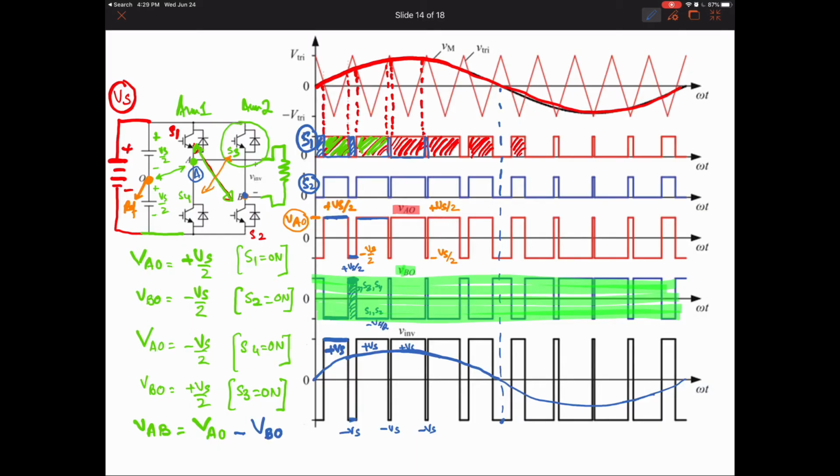It is not present in the full bridge inverter, but you can use that as a fictitious point to determine the load voltage waveform. Okay, so this is bipolar switching because you are switching between plus Vs and minus Vs. There is no zero level point in this.